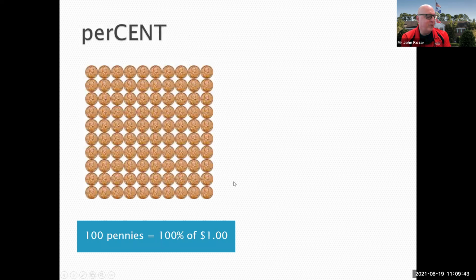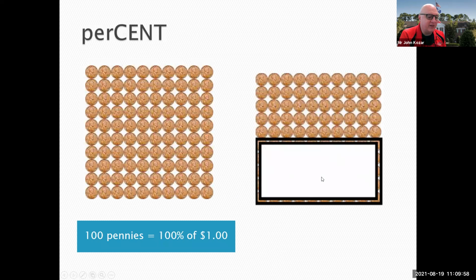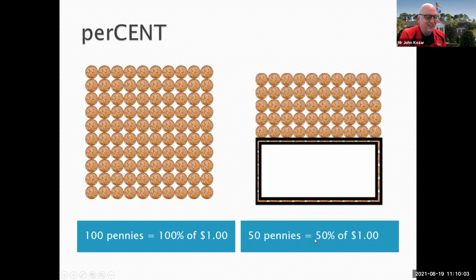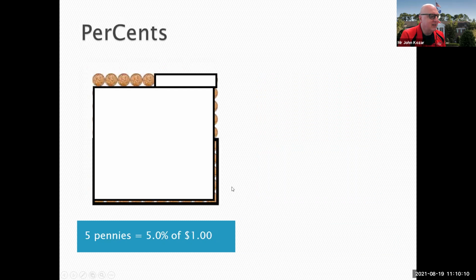So, a further example, if we take a look at 100 pennies, that's equal to $1. So 100 pennies is 100% of $1. We take away half of the pennies, we'll have 50 pennies left. That is 50%. It's just the 50 divided by $1. If we cut it way back to only 5 pennies, it's 5% of $1.